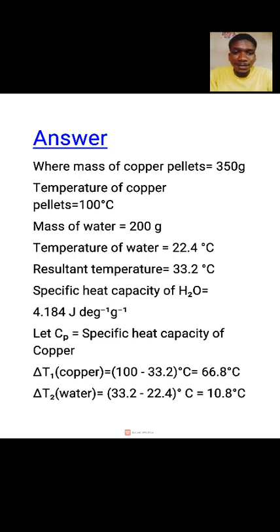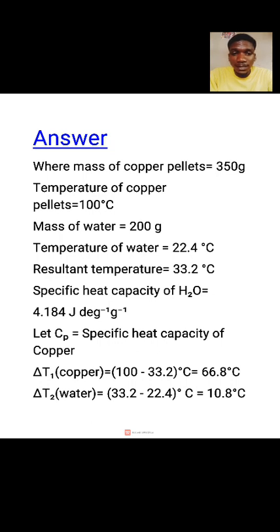So we can now let C subscript P be the specific heat capacity of copper. Then the temperature difference: delta T1 stands for copper, and delta T2 stands for water. So delta T1, for copper, is equal to 100 degrees Celsius minus 33.2 degrees Celsius, which is equal to 66.8 degrees Celsius.